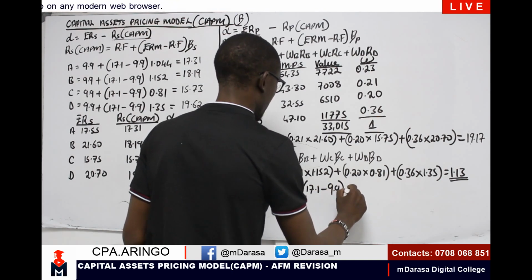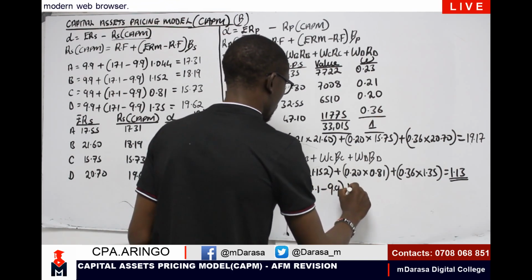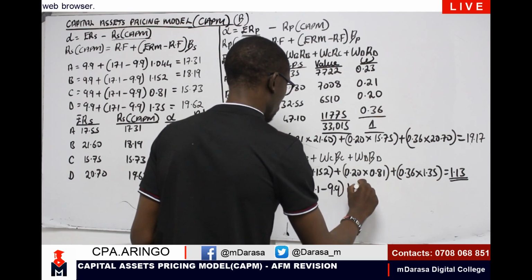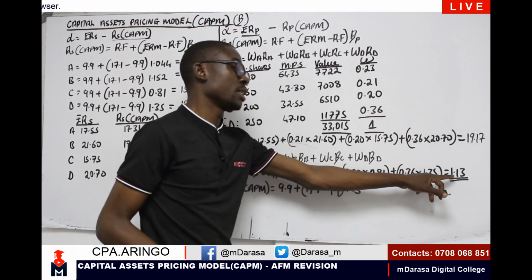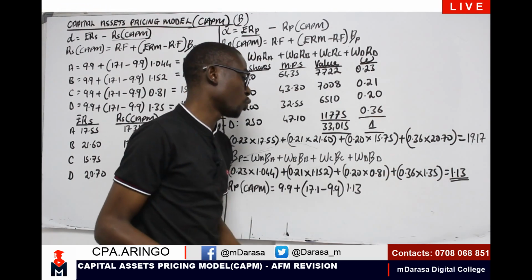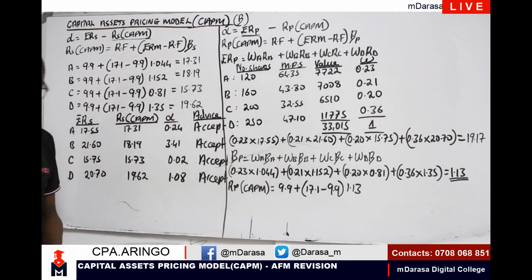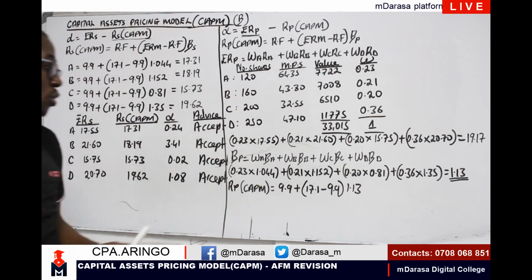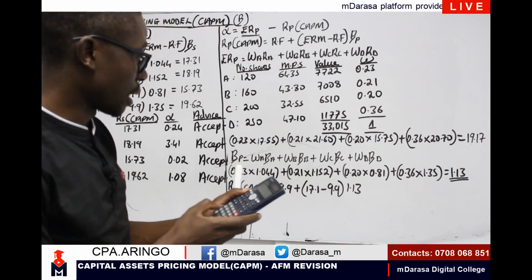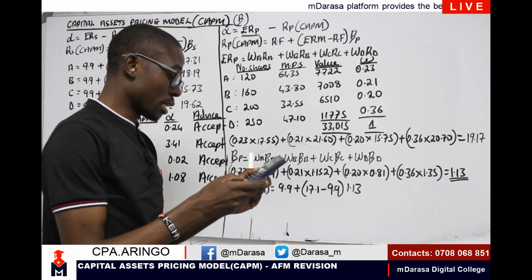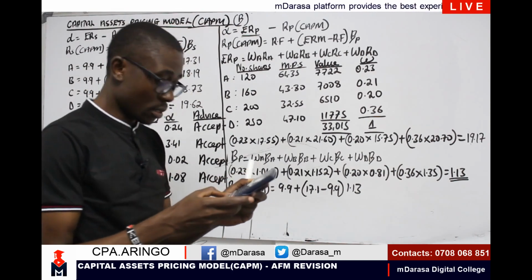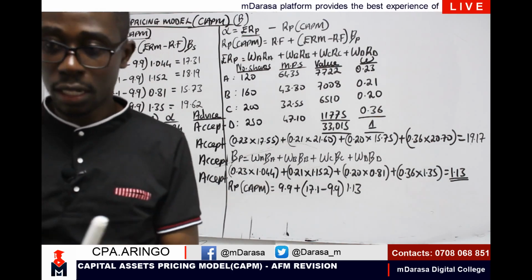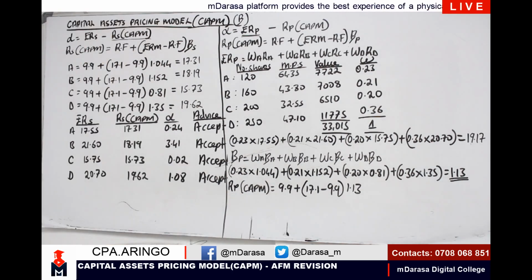We multiply now by our beta of the portfolio, which we have determined here to be 1.13. So at the end of the day, I should be talking of 17.1 minus 9.9 times 1.13, 8.136.